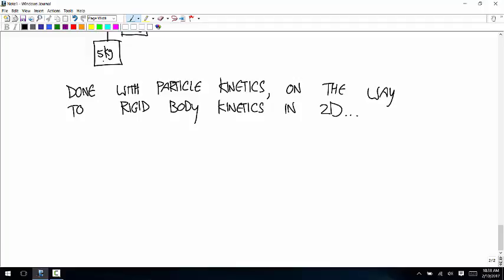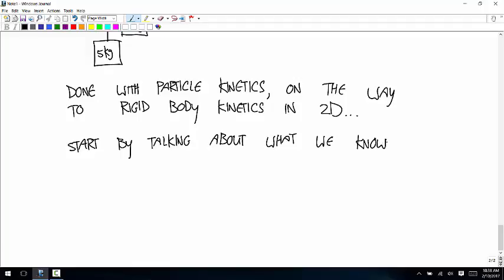We're still assuming a non-rotating coordinate system. Okay, so I'm going to start by just talking about what we know for general collections of particles.